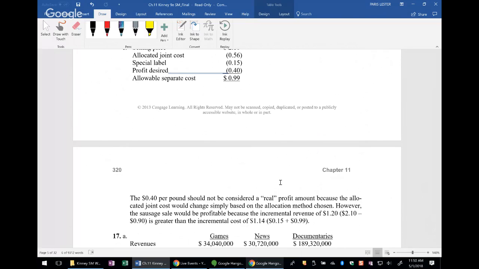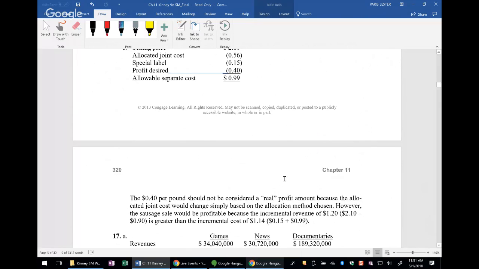Compute the profit for each operating unit after the allocation, round to the nearest whole percent. Here you've got revenue from games, revenue from news, and revenue from documentaries. And then you've got separate cost of 31 million, 16 million, 110 million.